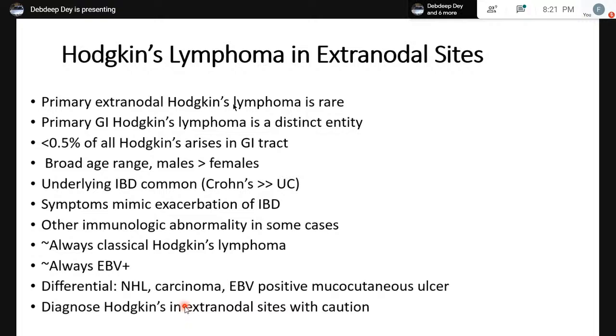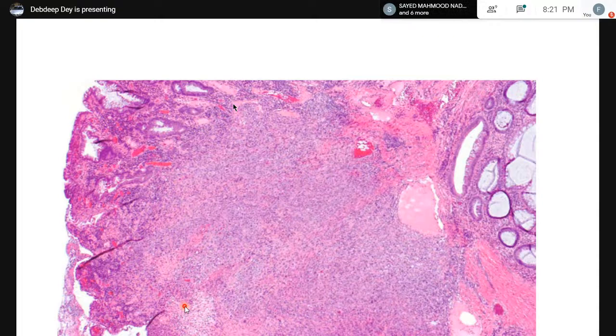Again, you have to look at the picture in its totality, whether other features of NHL or carcinoma or EBV positive mucocutaneous ulcer are present, and diagnose Hodgkin's lymphoma in extranodal sites with extreme caution. So this is a picture. I thank again Professor Judith Ferry for the slides.